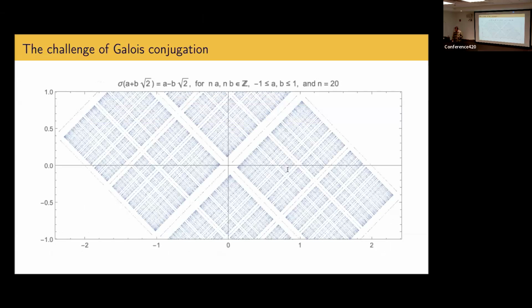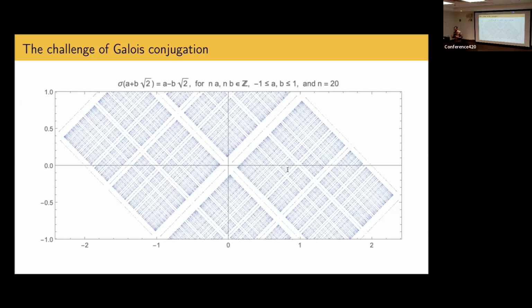Okay, so to illustrate just how bad this problem is, consider this Galois conjugation map. I gave an analogy with complex conjugation, which is a relatively smooth operation, right? Two adjacent points in the complex plane get mapped to two adjacent points under complex conjugation.